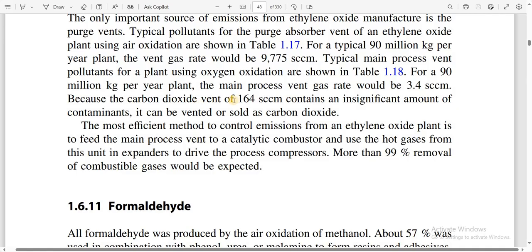Because the carbon oxide vent of 164 SCCM contains an insignificant amount of contamination, it can be vented and sold as carbon dioxide. So from here we can extract carbon dioxide.